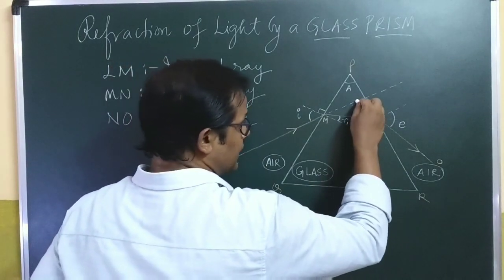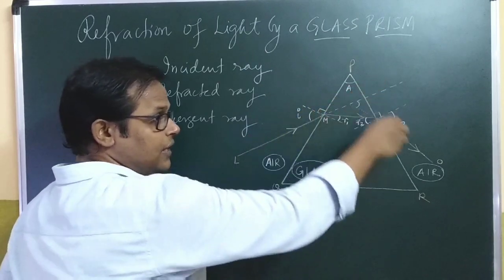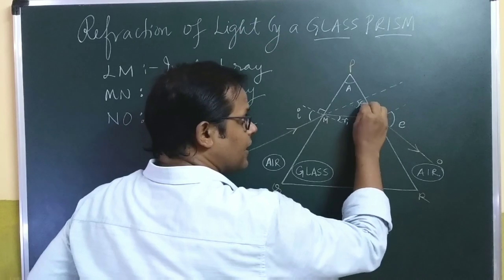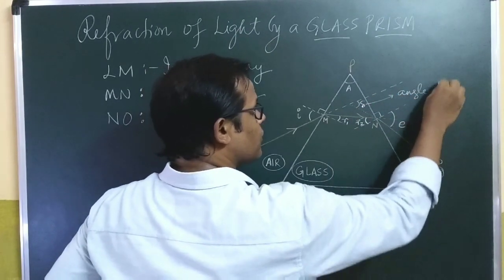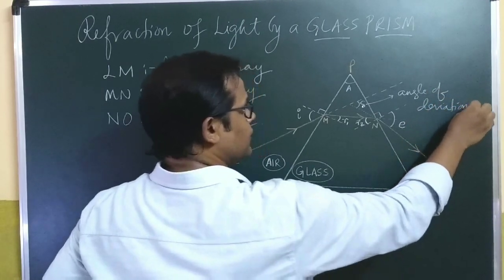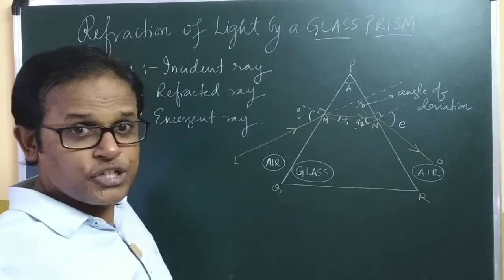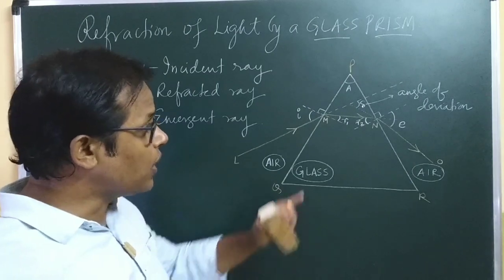So the angle created between the incident ray produced forward and the emergent ray produced backward is the angle of deviation. So I mark it here. This is your angle of deviation.